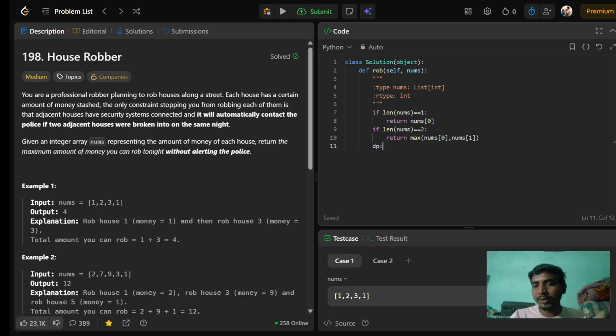We will create a dp array with the size of the length of nums to store the maximum you can rob at each index. Then we start robbing from the third house.